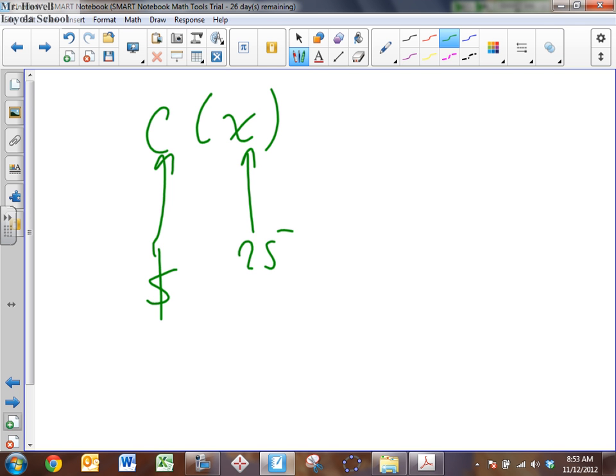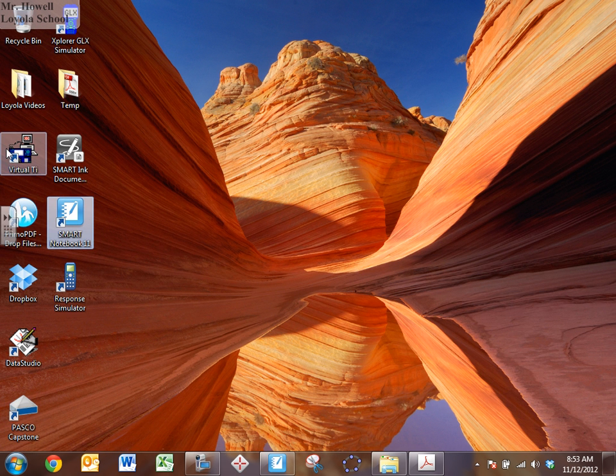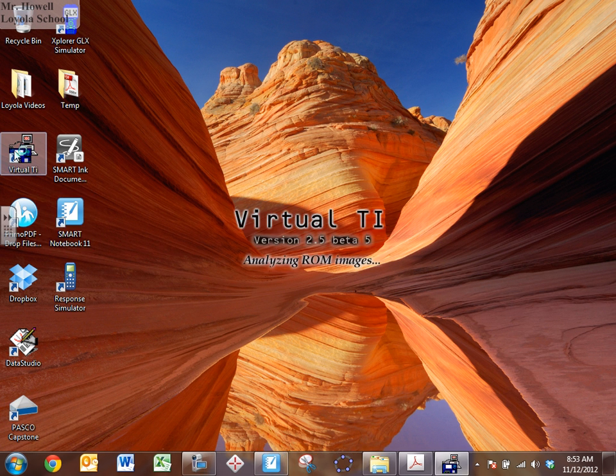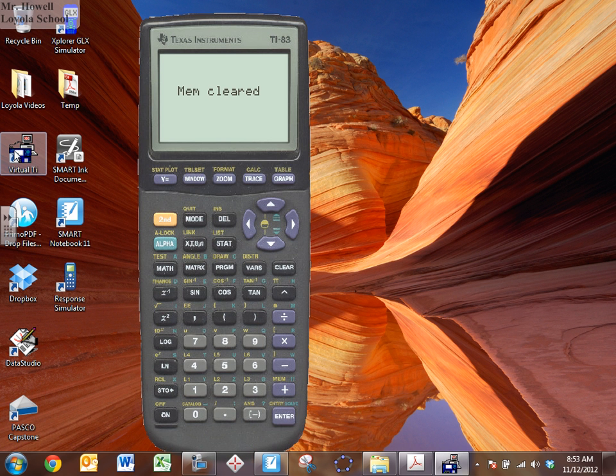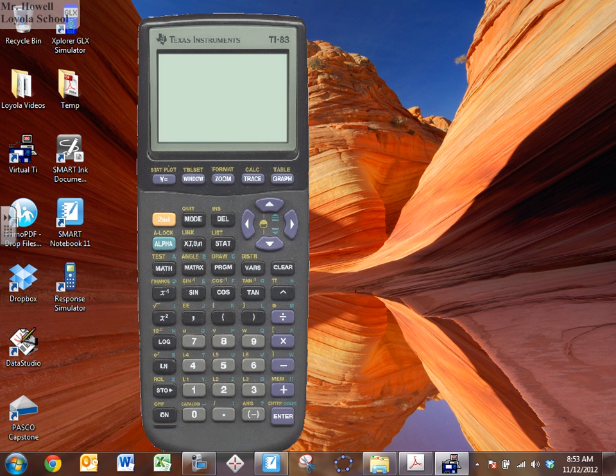Remember in your calculator, when you go to second, table settings, and you set it to ask and then auto? Let me refresh your memory, in case that's not clear. On the calculator, if we go to second and then table settings, sometimes we have the independent on ask and the dependent on auto.